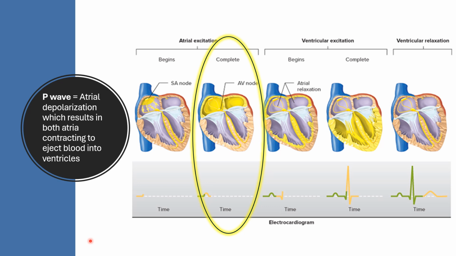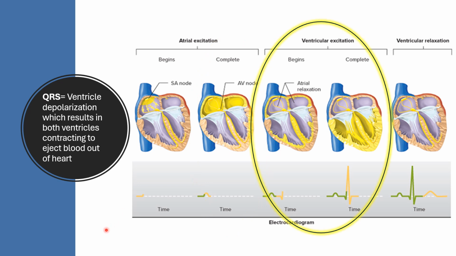So P wave equals atrial depolarization, and we said that when something is depolarizing, it's contracting. So if both atria are contracting during the P wave, blood is being ejected into the ventricles. During the QRS, you've got blood in the ventricles, and the ventricles are depolarizing, which means that they are pumping blood out of the ventricles and into the body.